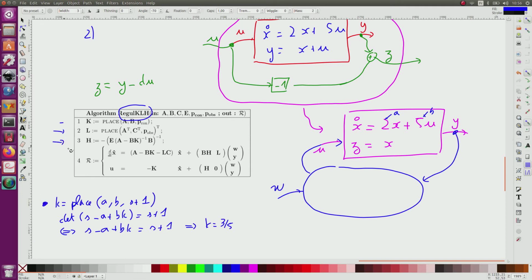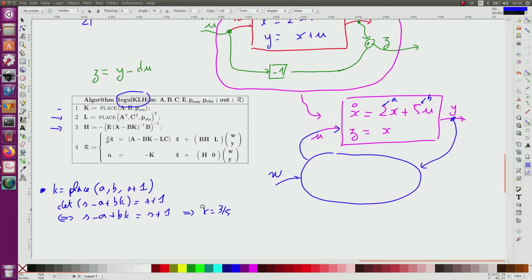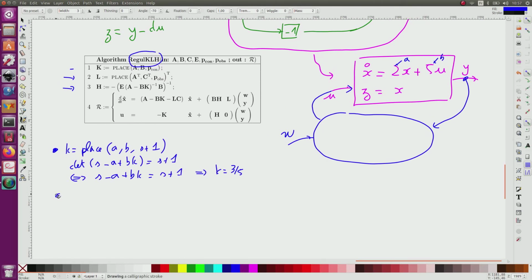Now for step 2, I will have L equal place. A transpose is still A because it is scalar. C, and here again s plus 1.